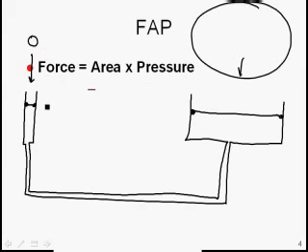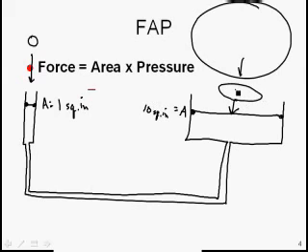We'll say that this area right here, the area equals 1 square inch. And we'll say that the area here equals 10 square inches. And let's say that they would put a big fat rock pushing down on here. And let's say at the same time we push down right here with a force of 10 pounds.